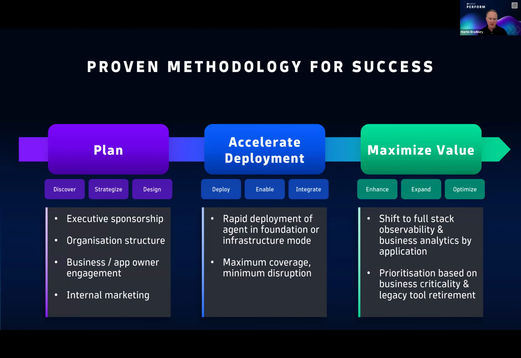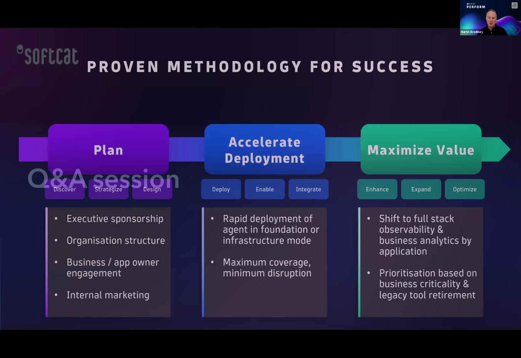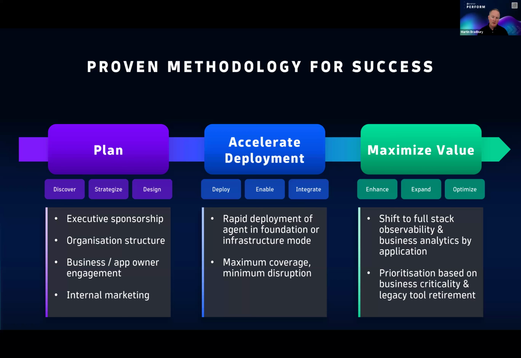If you can't see the traffic flow, you can't see the application flow. So whether you're going to use an agent based collection methodology or open telemetry or a hybrid of both is up to you on a workload by workload basis. But for me, it's about getting deployment out there quickly in a cost-effective manner.